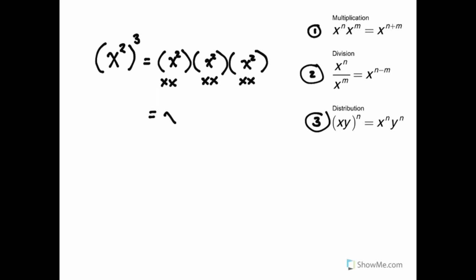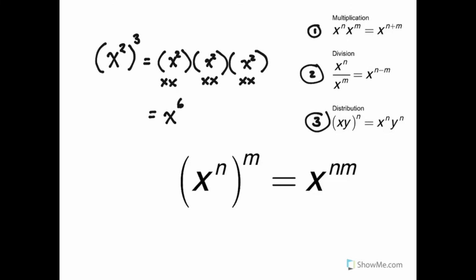So there are 6 copies of x here, and the 6 comes from 3 groups of 2, a multiplication. That gives us the property, sometimes called the power rule, x to the n to the m is equal to x to the n times m.